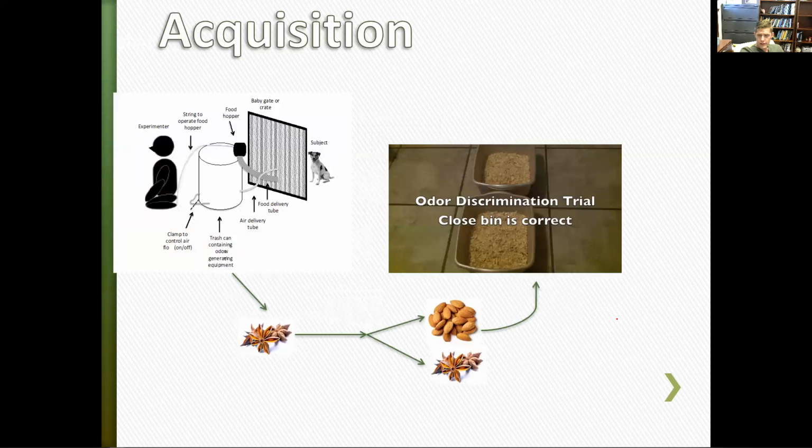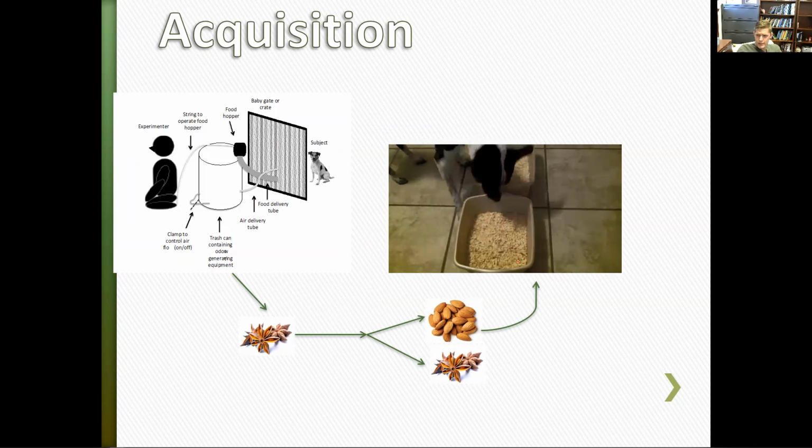trials. This is what the Pavlovian conditioning looked like. It was very simple. The dog was in a crate or a baby gate. The odor was presented, and then we had a little food hopper that would drop food down to the dog, something kind of similar to what you saw earlier in lecture 1. Then we had a simple detection training task where we had 2 bins, one had odor in it, one did not.